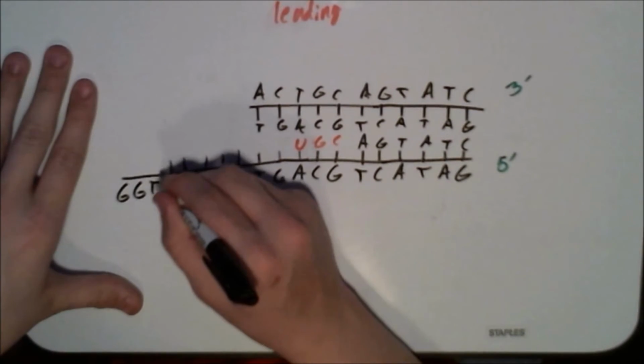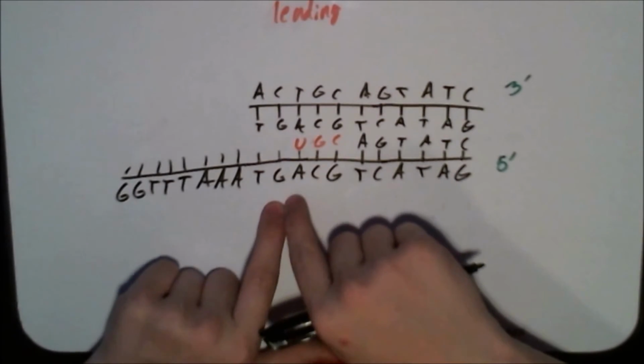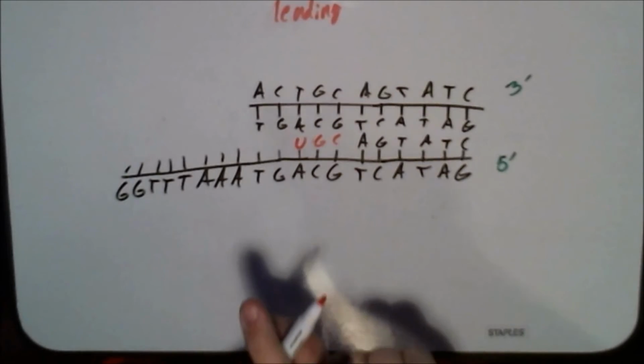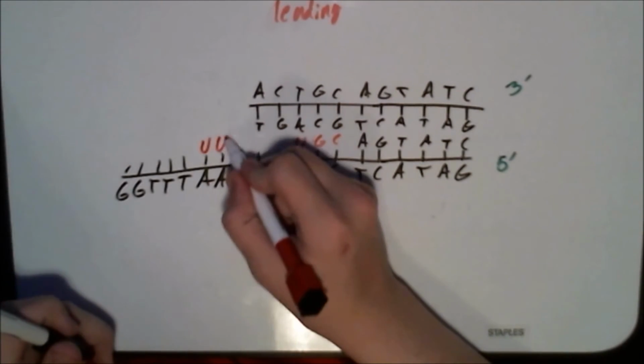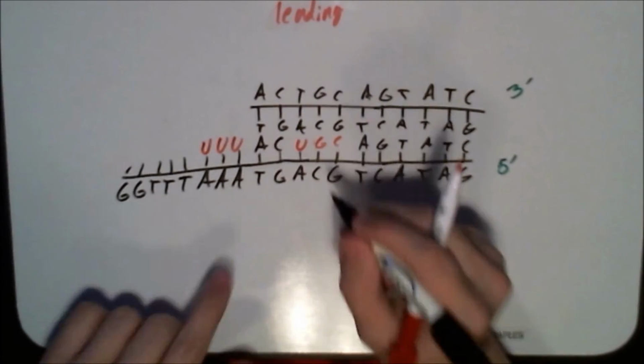So even though these are useless, this gives the DNA, or the primase, space to back up and say, okay, well, I'll just attach some pointless stuff there, and then we can finish what's there.